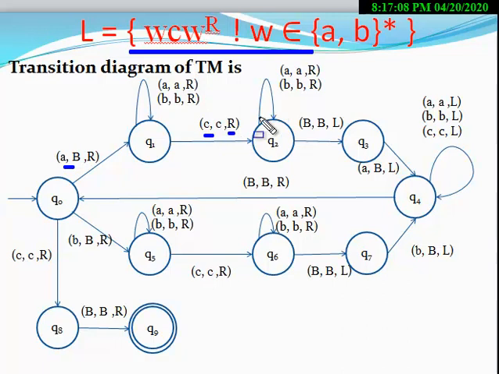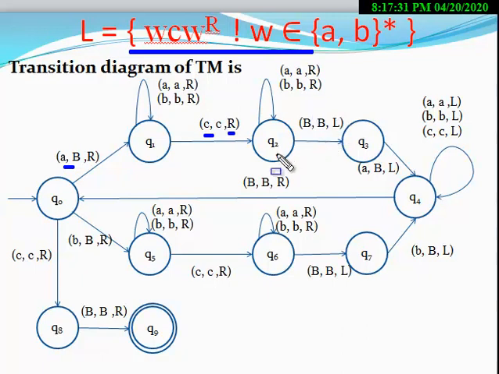Again check here, at the state Q2, when tape symbol A or B appears, the machine only moves in the right direction.